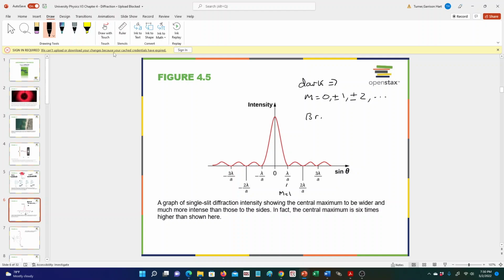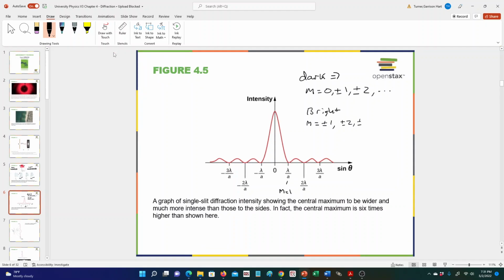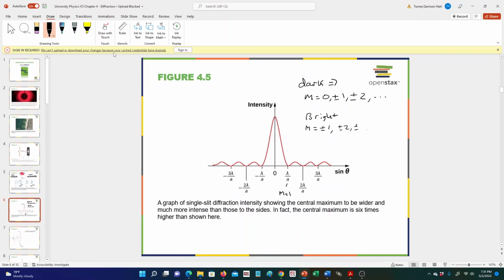But for your bright, okay, these are for your non-central maximum. Your central maximum is still going to be at m equals 0.